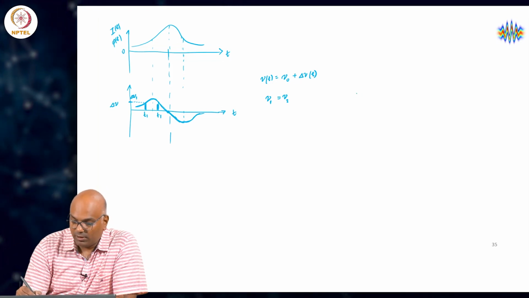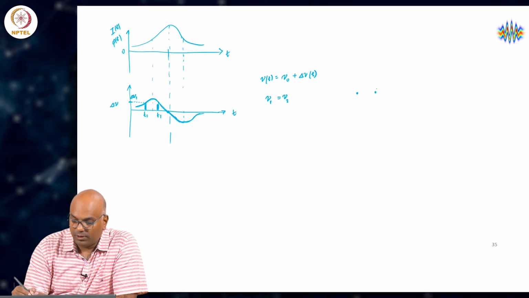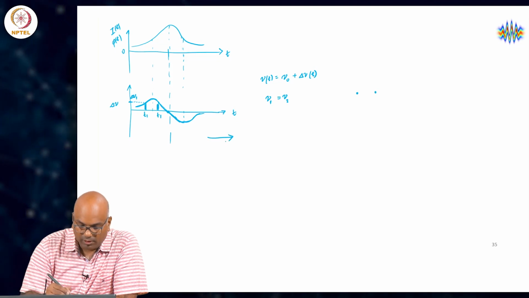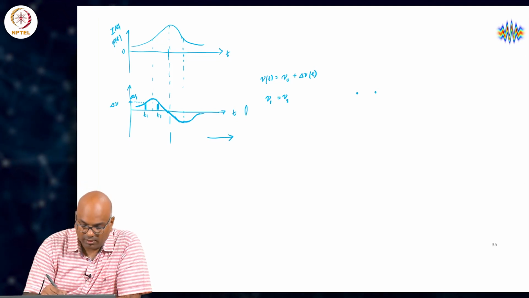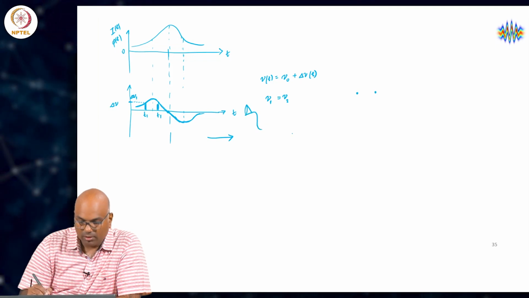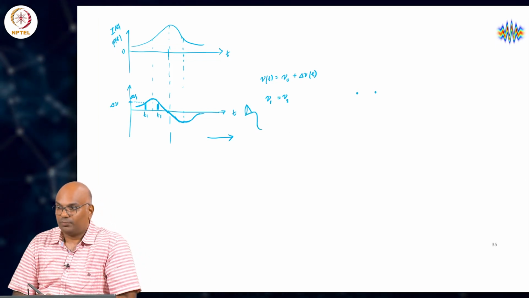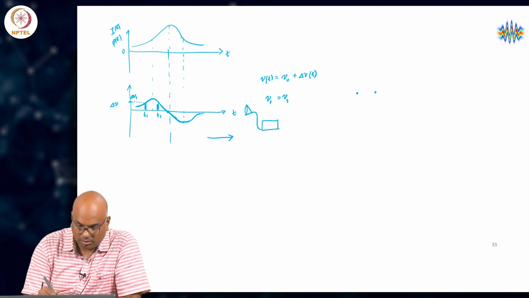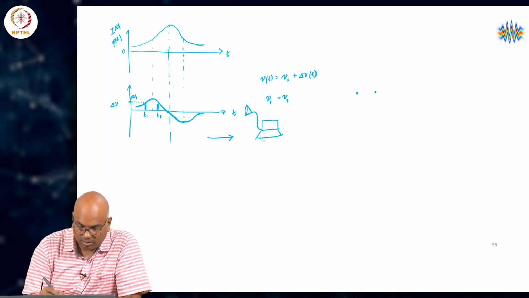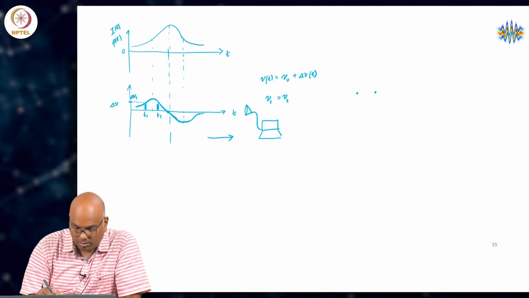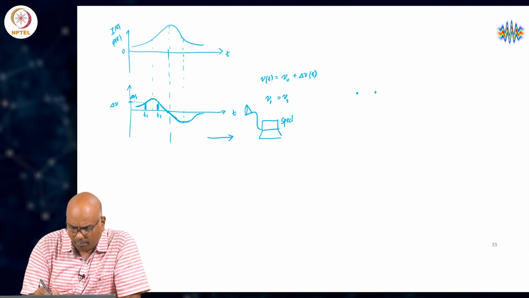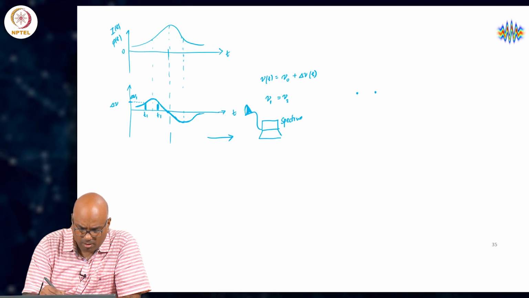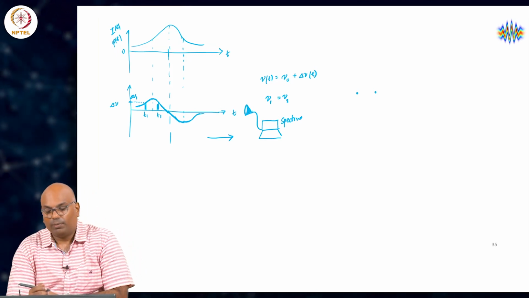So as a consequence, you can view this. Suppose I have a spectrometer, the pulse is proper. This is the t axis, this is also the z axis. Suppose I had a detector measuring the spectrum of this pulse.